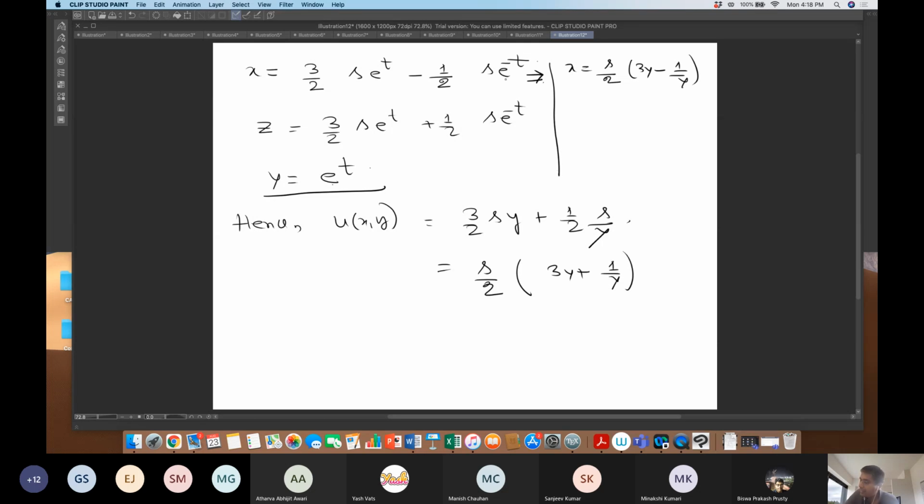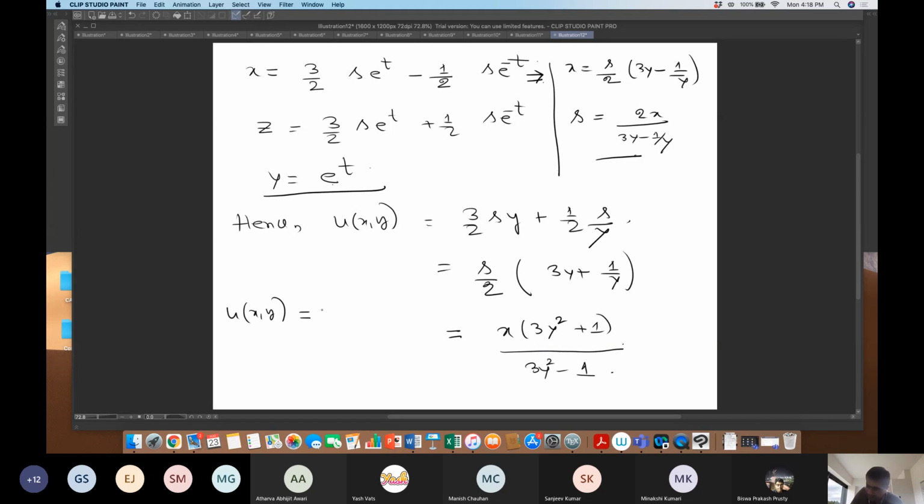Then s is equal to 2x divided by (3y minus 1 by y). So if you put the value of s here, you will get that u of (x, y) is x times (3y square plus 1) by (3y square minus 1).